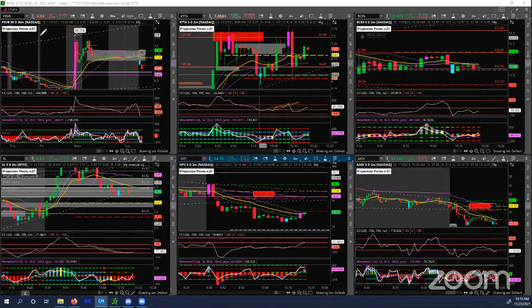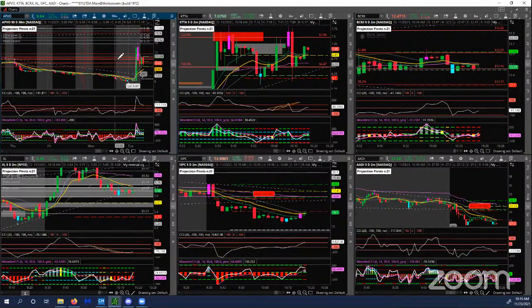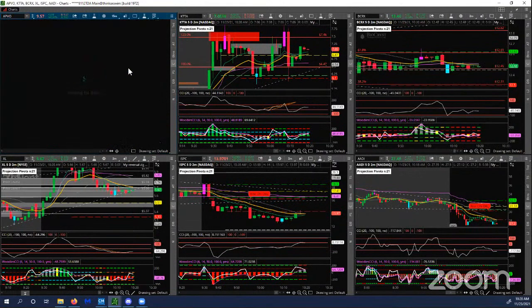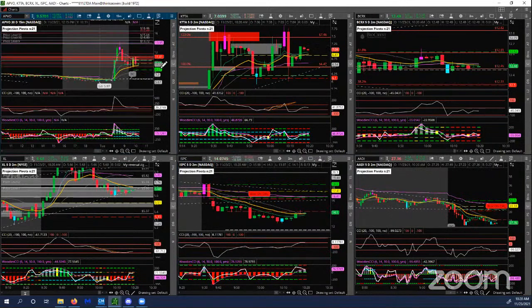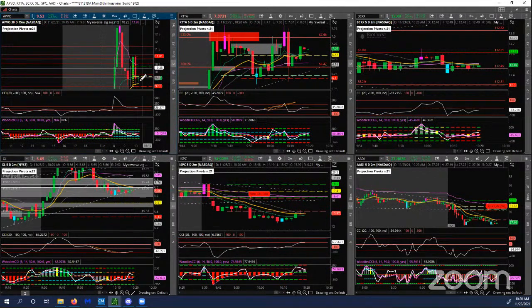APVO, I'm going to keep an eye on. Just cycling through larger time frames, and it looks like on a 15-minute chart even, we didn't quite have an engulfing pattern. We retested the 15 down here, and this candle hasn't closed below that candle yet.